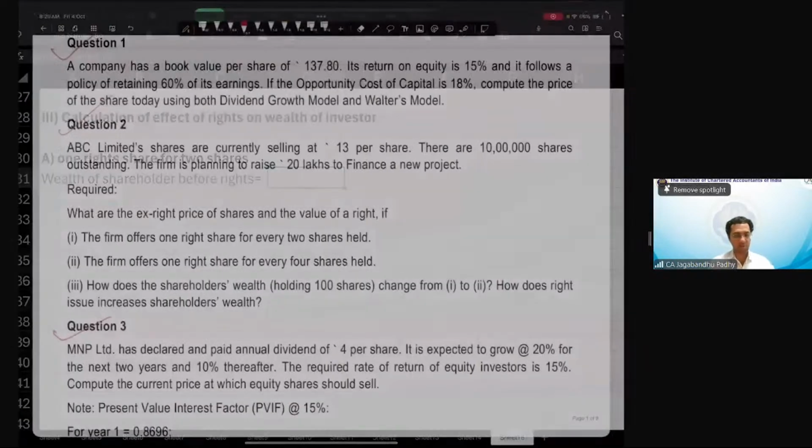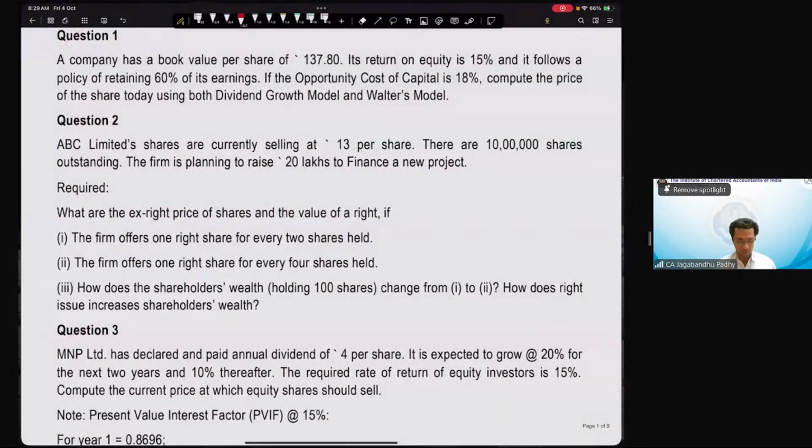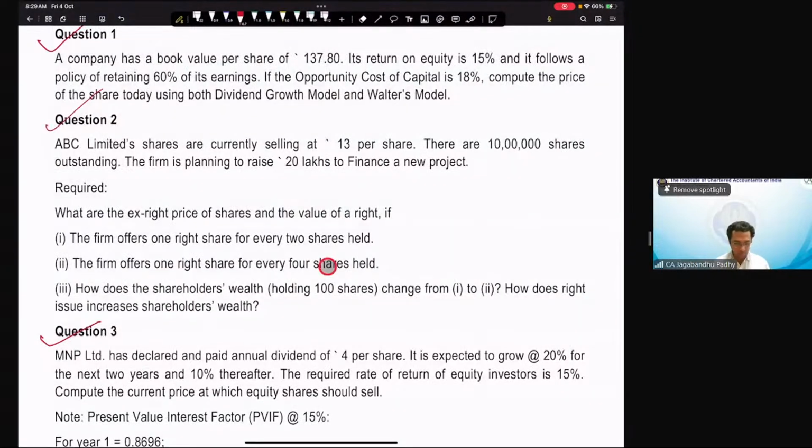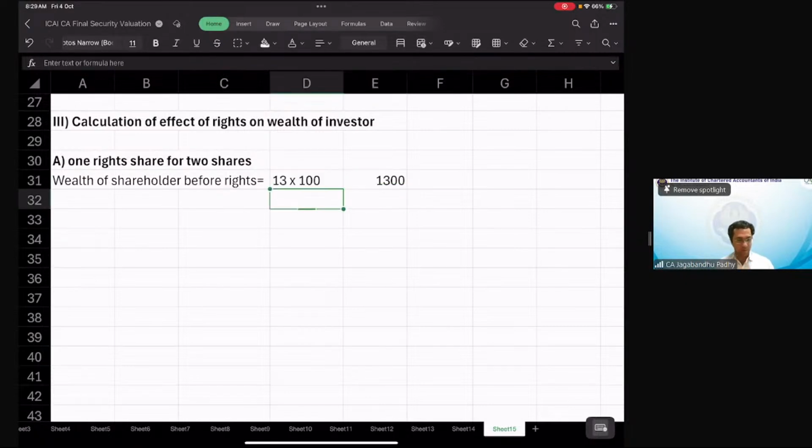Before rights, the share was trading at a price of 13, and let's say he's holding 100 shares. So of course, 13 multiplied by 100, we can say it is 1300, right?